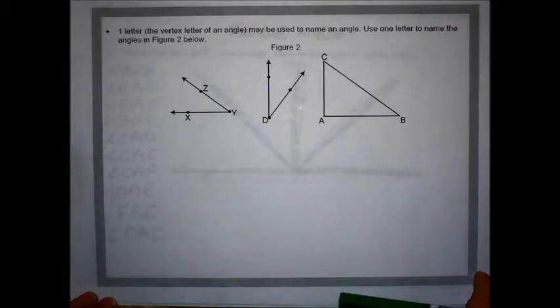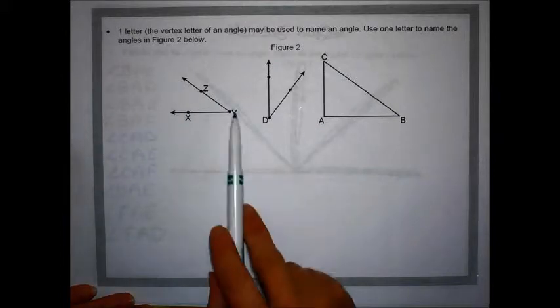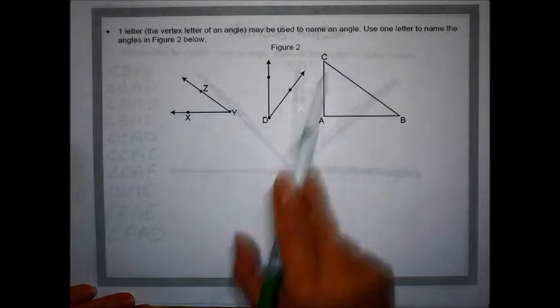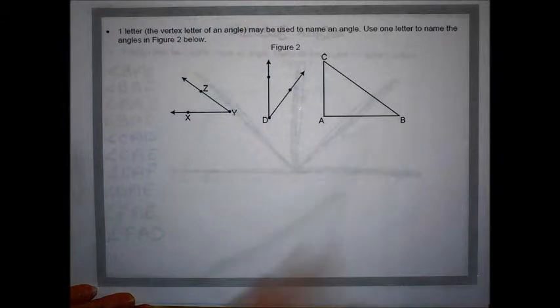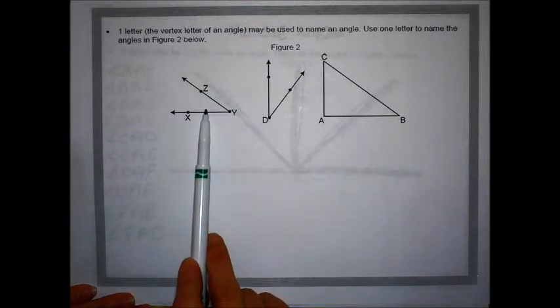Let's look at figure number 2. It says I can name an angle by using just the 1 letter that's at its vertex point. So on this figure we have 1, 2, 3, 4, 5 different angles to name. So how can I name this angle using just 1 point?